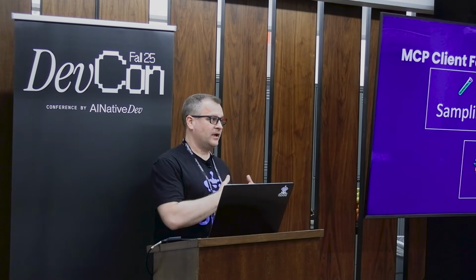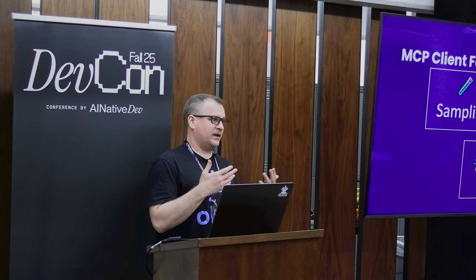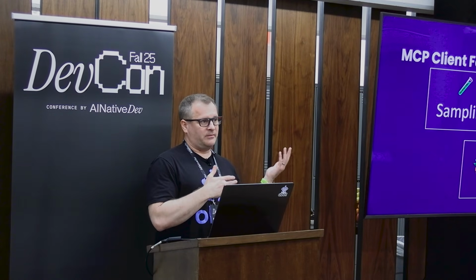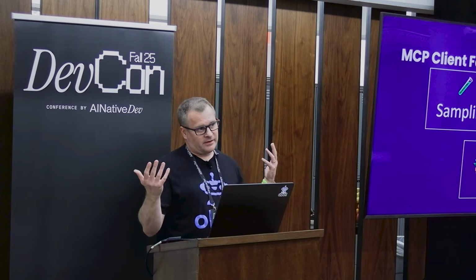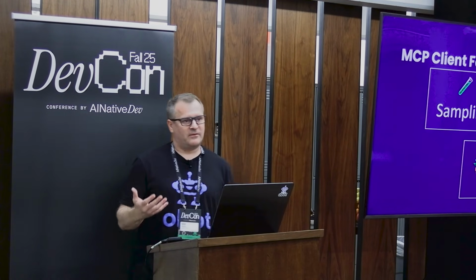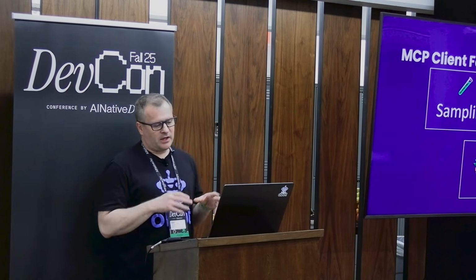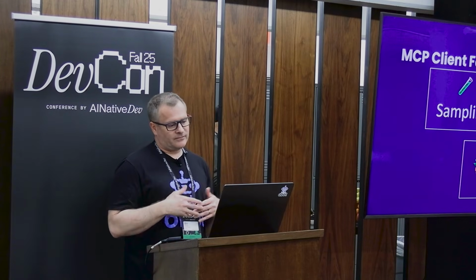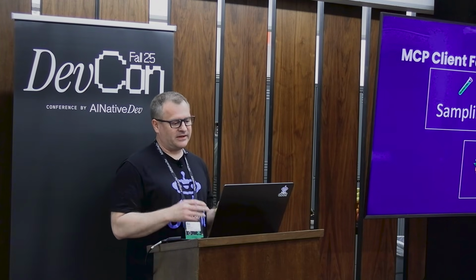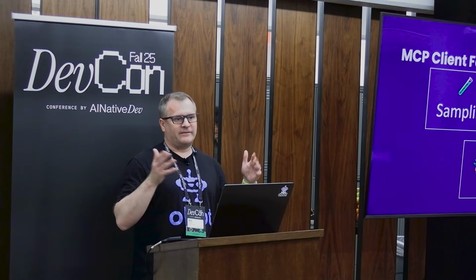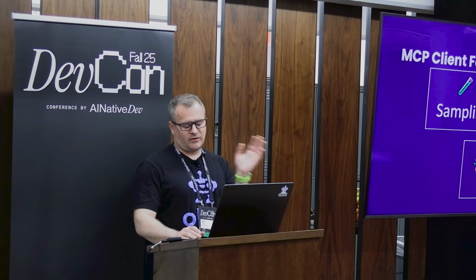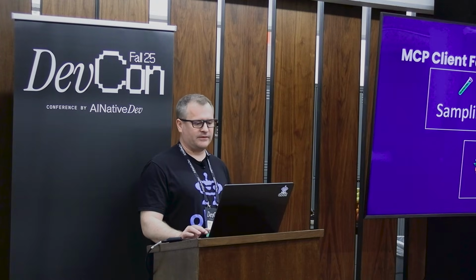So the user can either confirm or deny an action, or did you really mean to deposit $1 million? Like confirm that the data and the information is correct. And then roots. I don't really think anyone uses those, but basically they tell the server where in the file system they can interact with things.